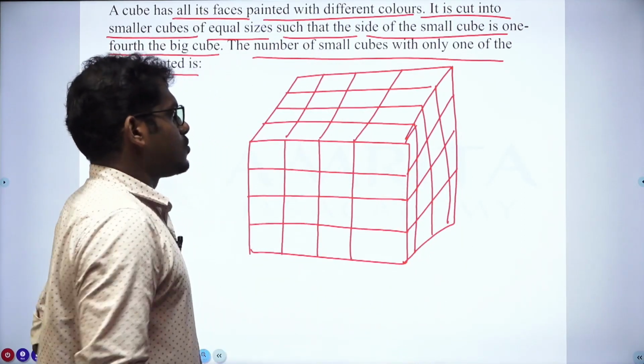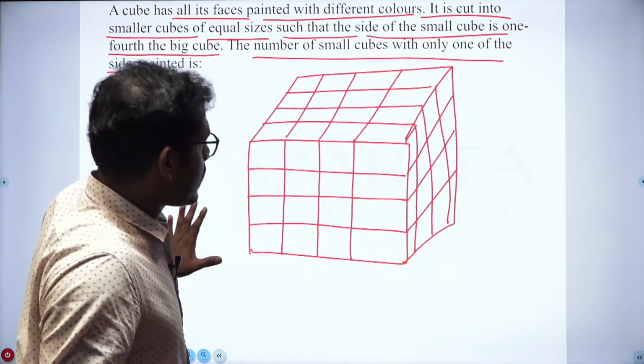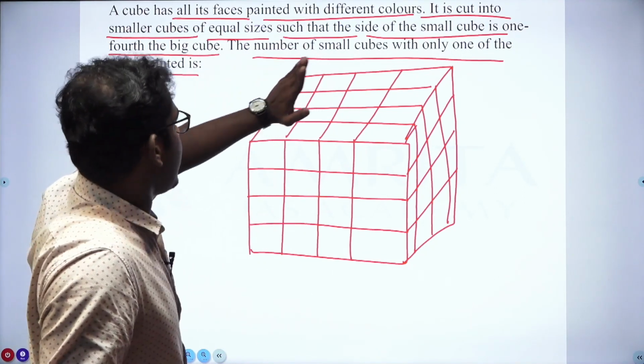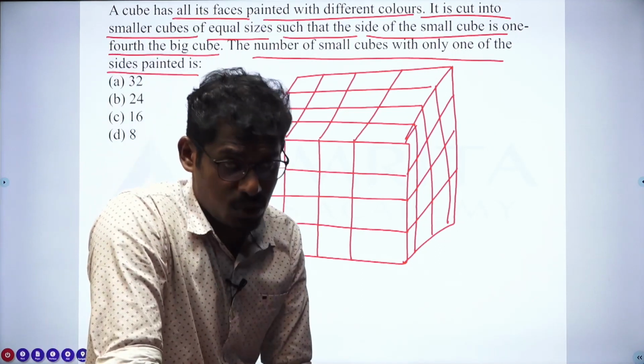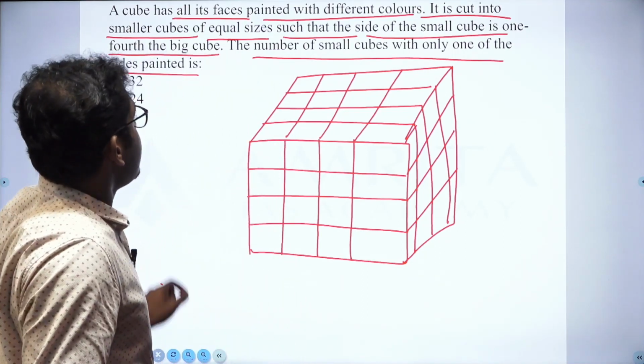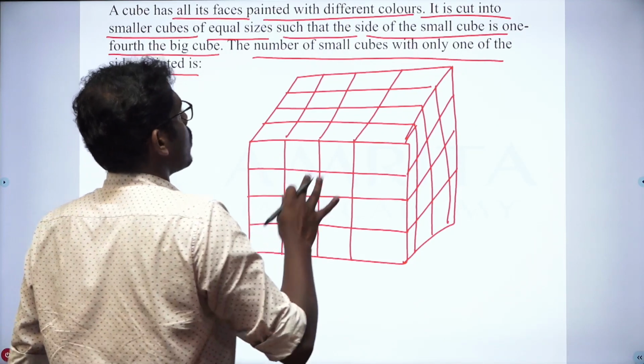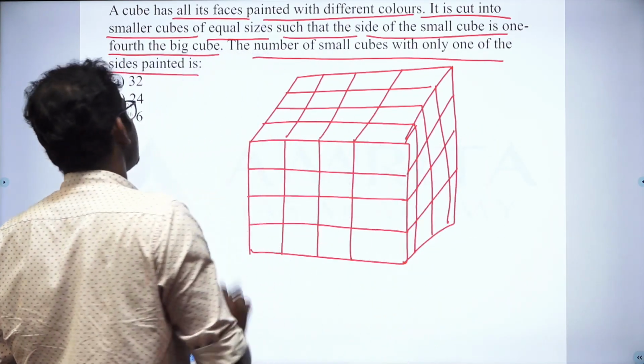So the large cube is cut into different small cubes, each side being 1/4 of the big cube. Clear? Okay, fine. The question is the number of small cubes with only one of the sides painted.